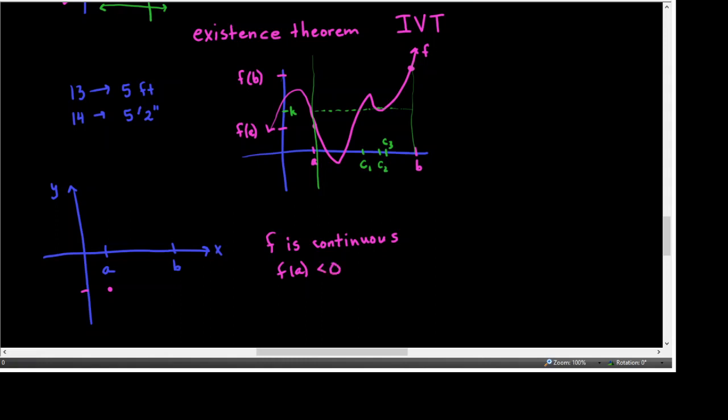And then B has an output that's positive. Okay, so all of this is given to you. What could you conclude has to happen somewhere between A and B at least once? Well, if you think about it, the graph has to pass through the x-axis at least once. I don't want to make this exactly once, but at least once. So there's at least one time that that happens.